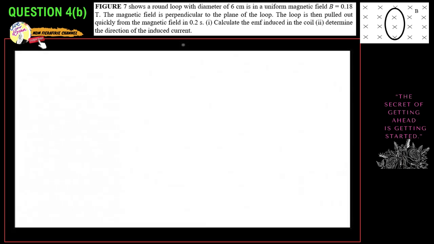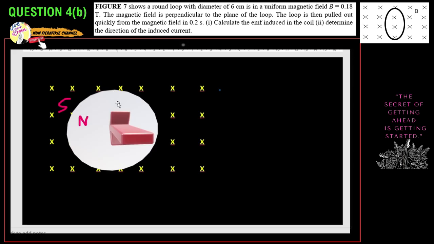Now if you look at the question, it states to determine the direction of the induced current. When the loop is pulled out quickly from the magnetic field, what happens to this coil? It means the magnetic field around the coil would be reduced.